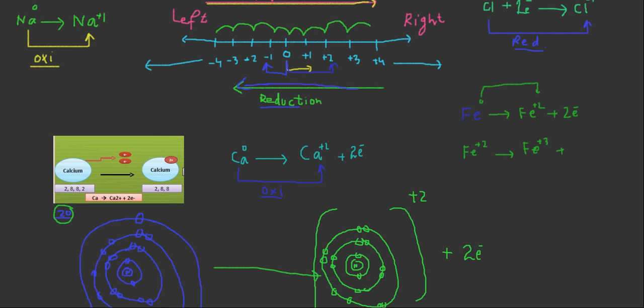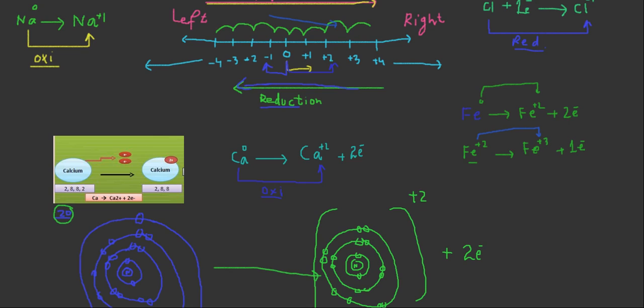Here you have to mention that electron which is being lost by the iron plus 2 ion. So again it is moving from plus 2 to plus 3. It is moving from left to right. So it is again showing oxidation.